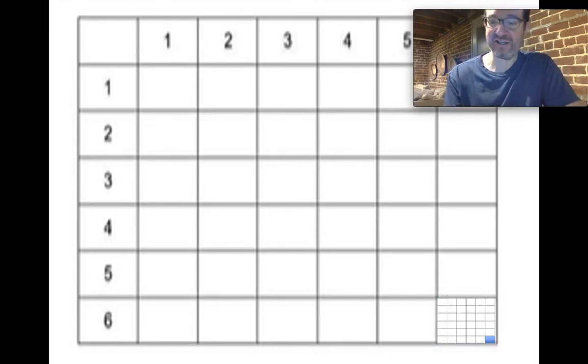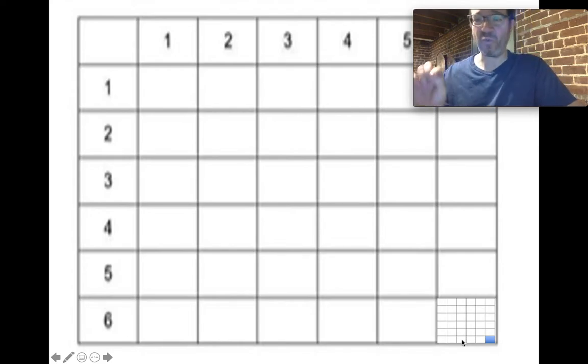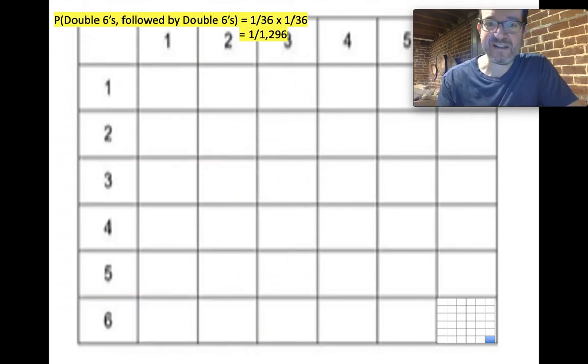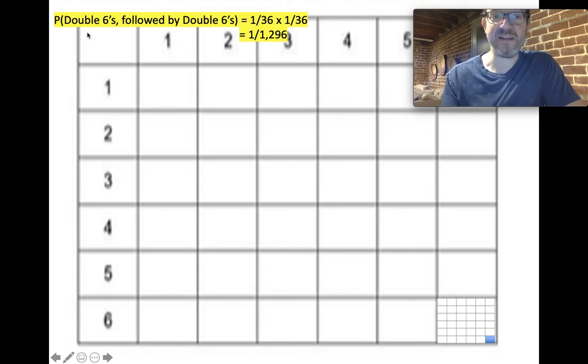I would take a look at a visual model: if we roll double sixes, within that 1 out of 36, rolling double sixes again is probability of compound events, kind of times 2. You would write it as the probability of double sixes followed by double sixes.